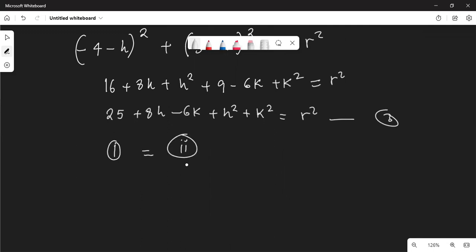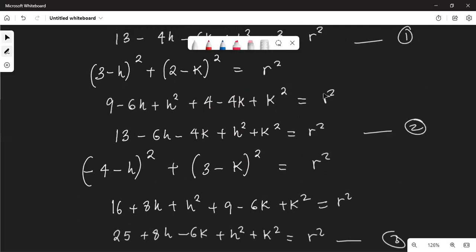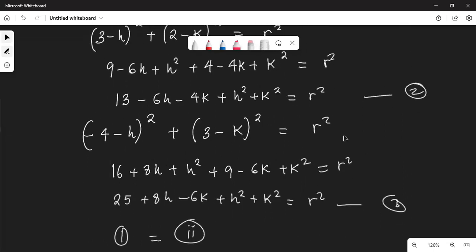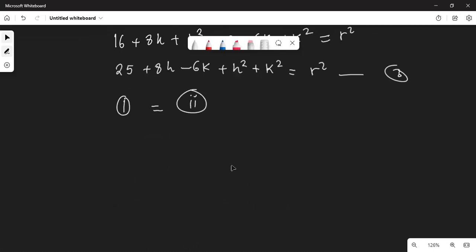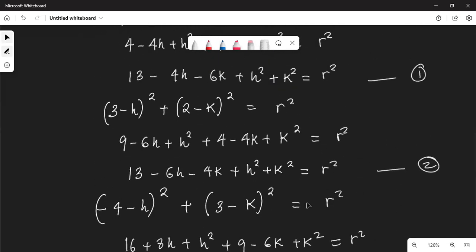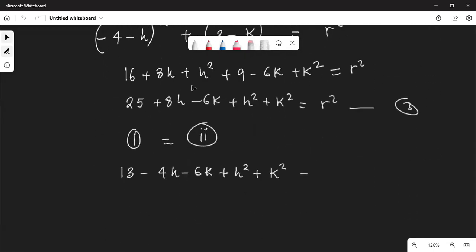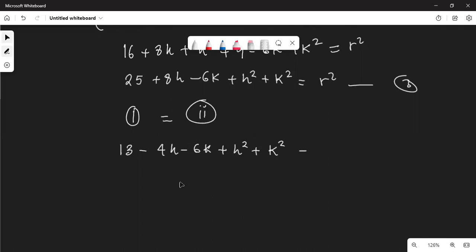Equation 1 we found to be 13 minus 4h minus 6k plus h squared plus k squared, equal to the second equation, which is also equal to r squared. So that is 13 minus 6h minus 4k.